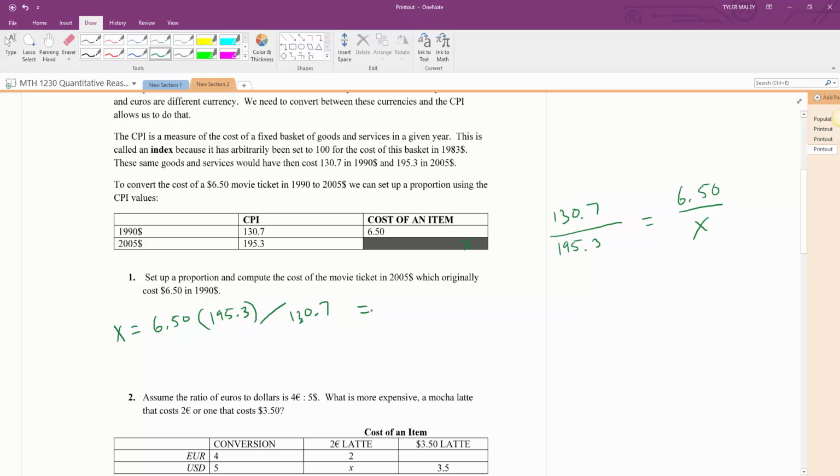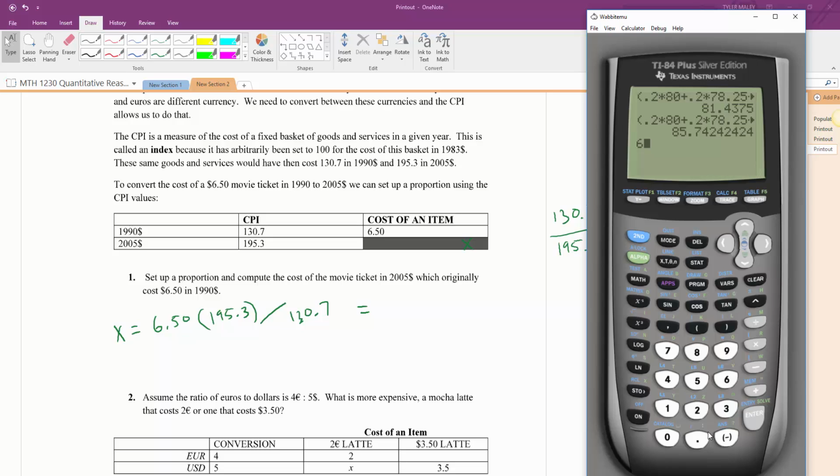If we plug this in the calculator, take 6.5 times 195.3, and then divide that by 130.7, we get roughly $9.71.